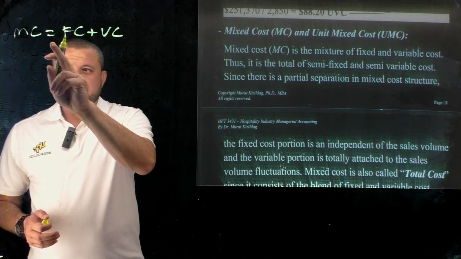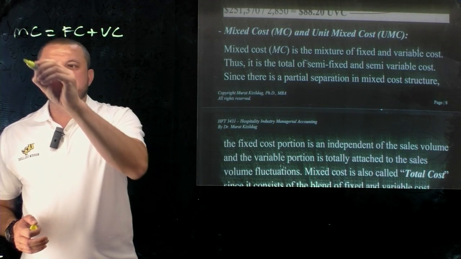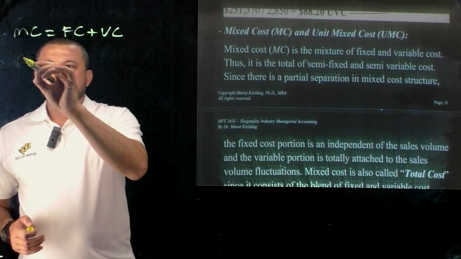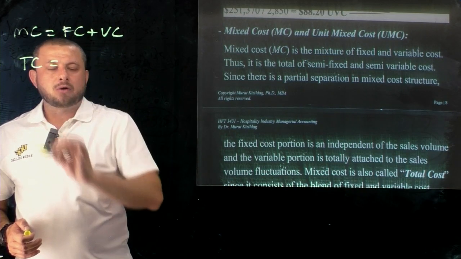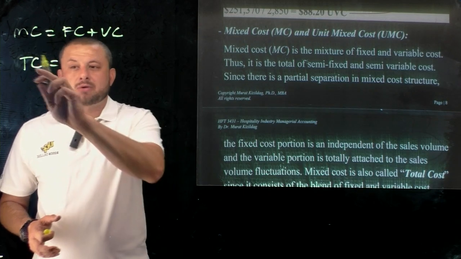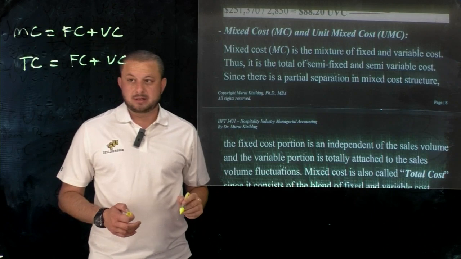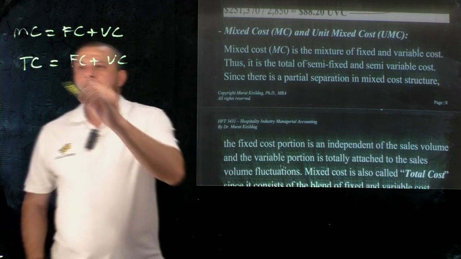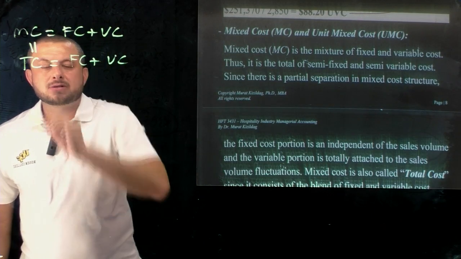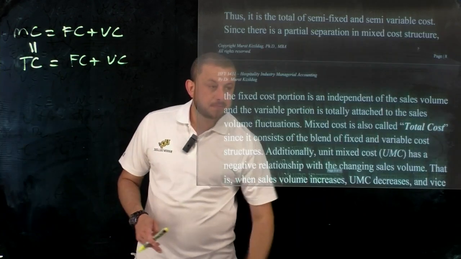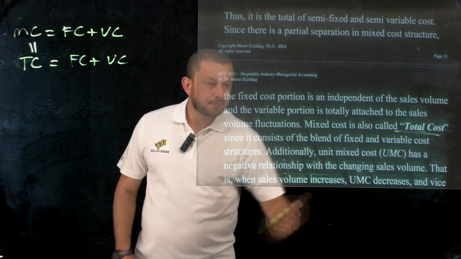If mixed cost is FC and VC, mixed cost also becomes the total cost, which is also equal to FC and VC. Do you see what I'm talking about, guys? Therefore, mixed cost is also the total cost in hospitality operations. All right? Right here. Okay?